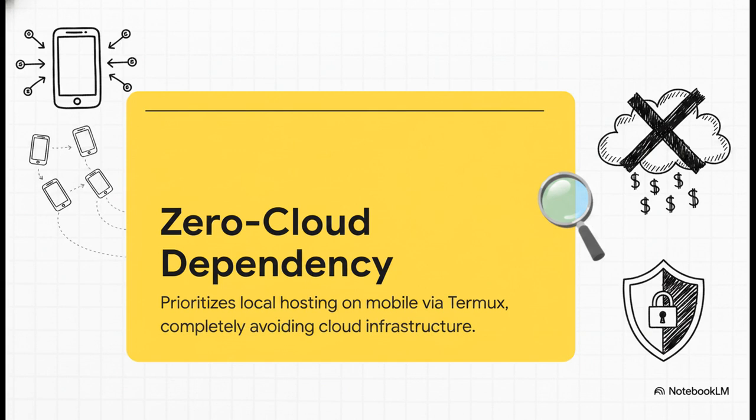And how? By using everyday mobile devices acting as application servers through Termux, which is a Unix emulation environment. The really crucial takeaway here is that the system creates an incredibly resilient, totally private, and basically zero-cost local network. It is entirely self-sustaining, giving the developer ultimate autonomy and, of course, saving a ton of money on infrastructure costs.